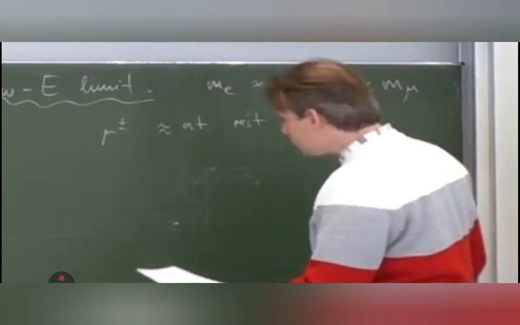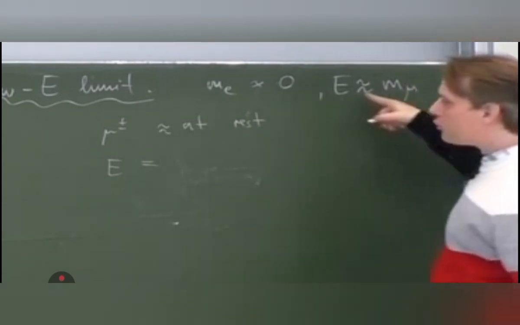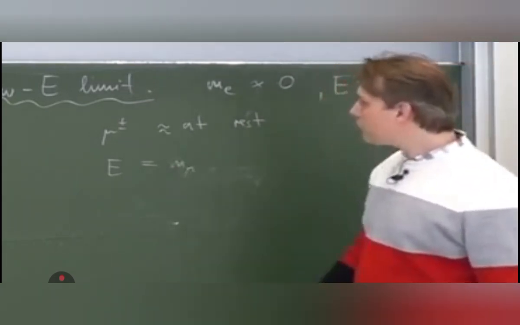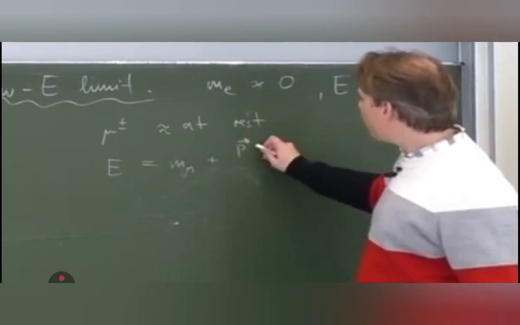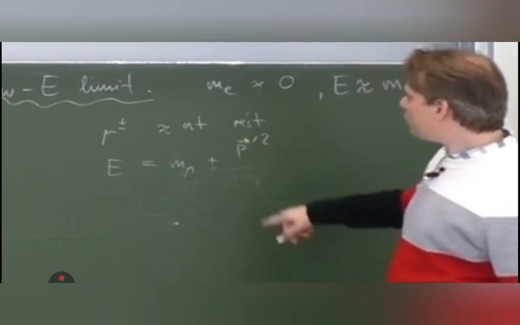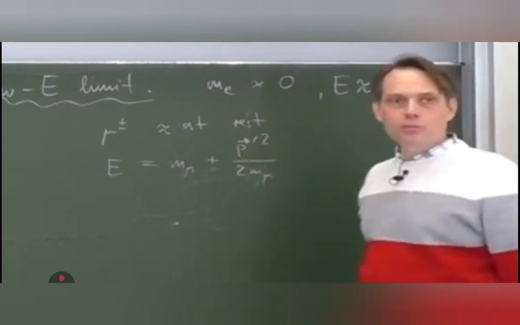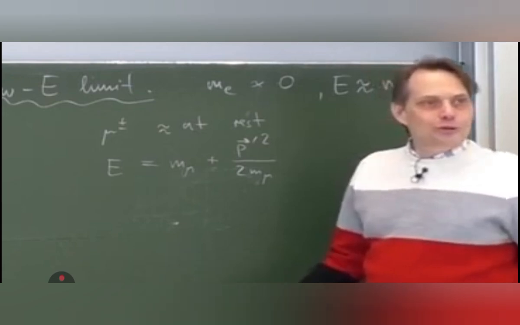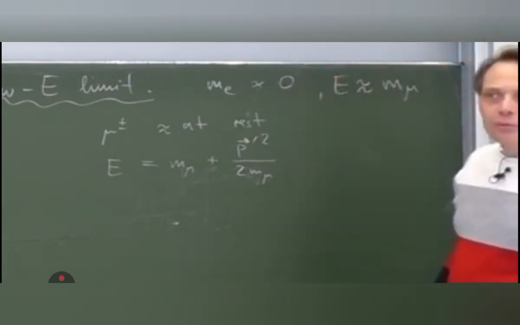And then you know that actually the more precise version of the energy is this, namely we have the muon rest mass plus the non-relativistic approximation p prime square for the muon momentum square divided by 2 times the muon mass. That is, of course, the non-relativistic kinetic energy relationship, right? And that is a good approximation if the muons have small non-relativistic momentum.